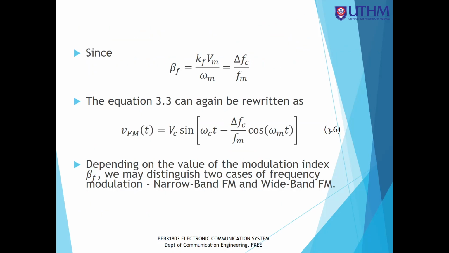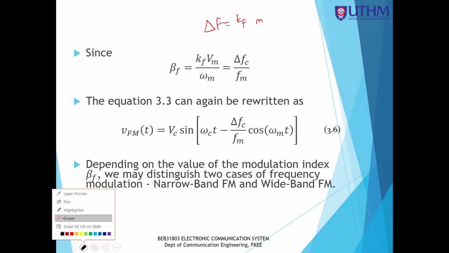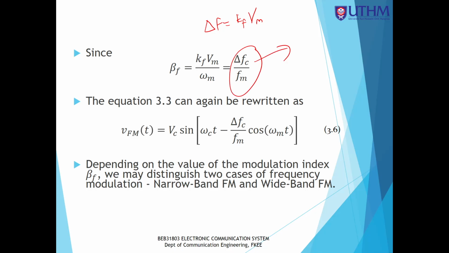Next slide. Since delta F is equal to kf Vm, we can rewrite the beta equation as delta F over fm, which is actually kf Vm over Fm.